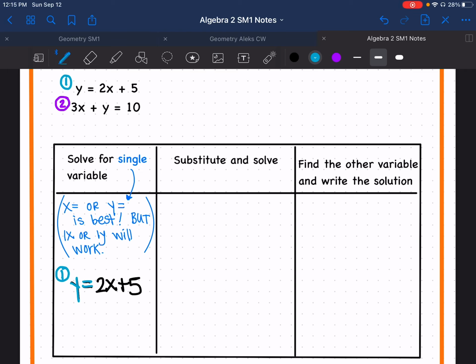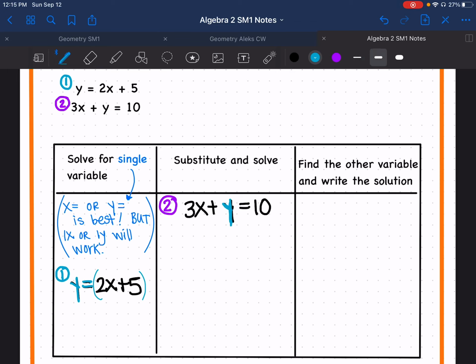Now what I'm going to do is grab my second equation, 3x plus y equals 10. I'm going to take this part right here, and I'm going to substitute it in for the y.